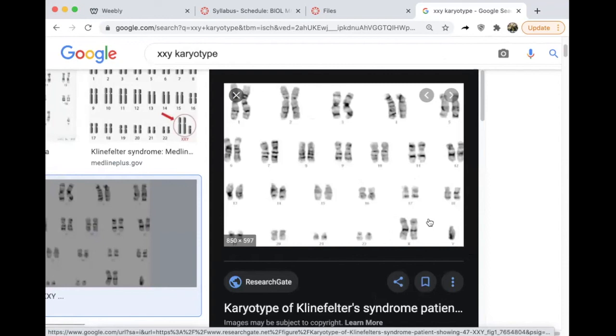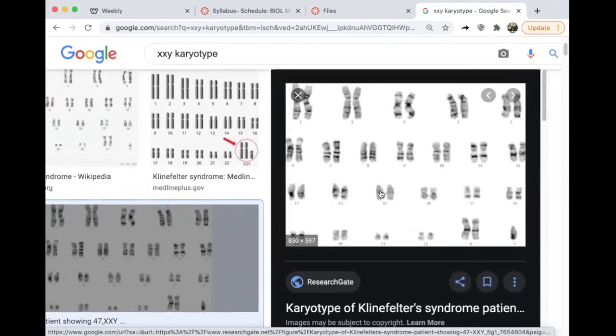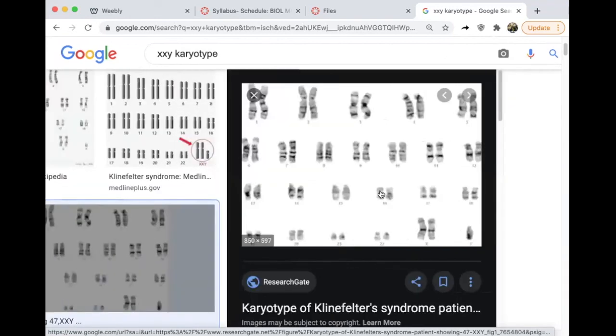Usually, individuals that have Klinefelter syndrome are started on testosterone therapy, so they develop more of the male characteristics, and that makes them more phenotypically male. And these individuals are also sterile.